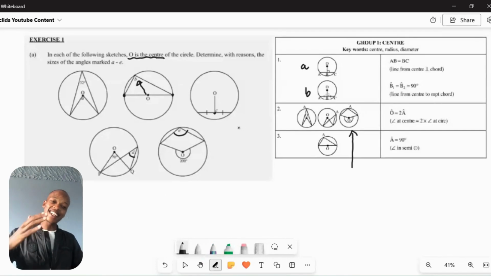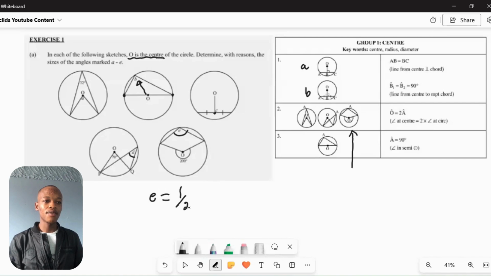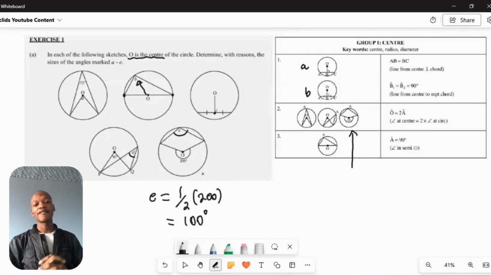So E is angular circumference. So if you have angular circumference and angular center, that means it is half the angular center. So E again is half angular center, 200, which means therefore E is 100 degrees.